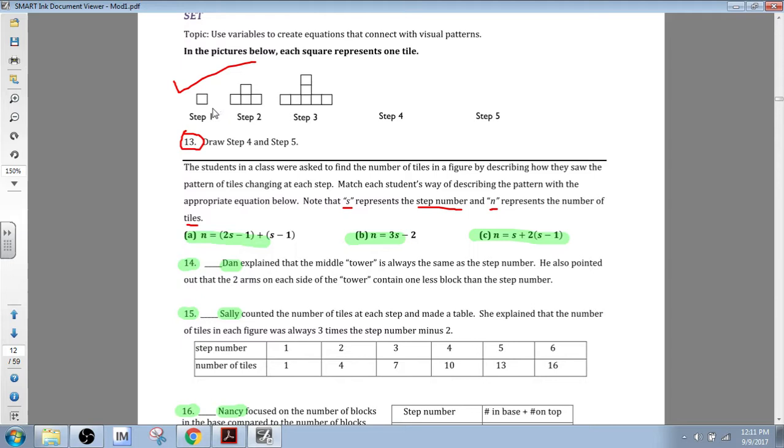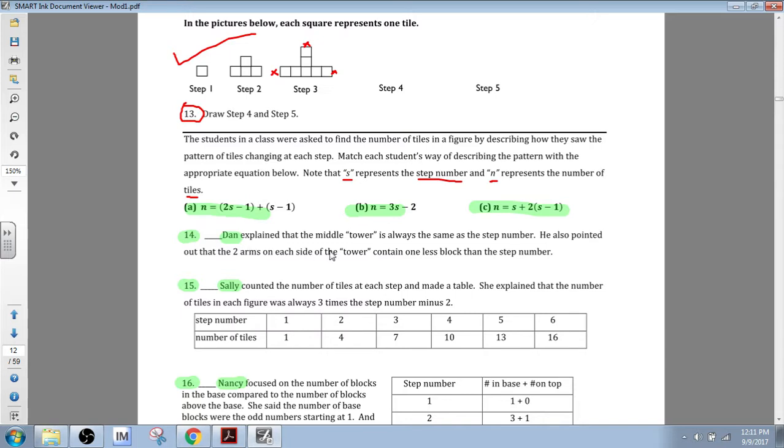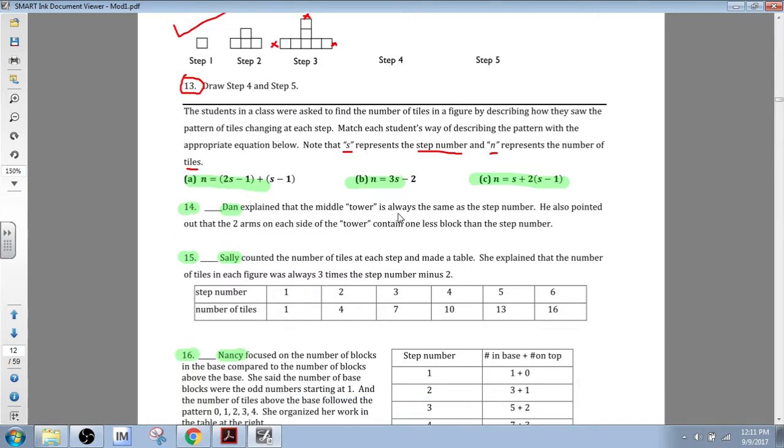When we see this, we started with 1, then we got to 4, then we got to 7, etc. Depending on how you view it, let's see what they say. Dan explained that the middle tower is always the same as the step number.